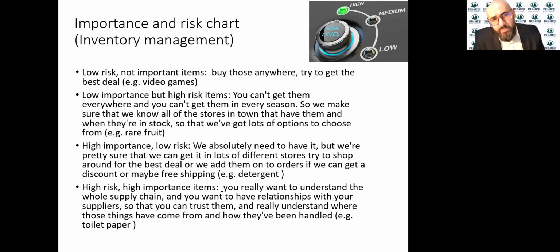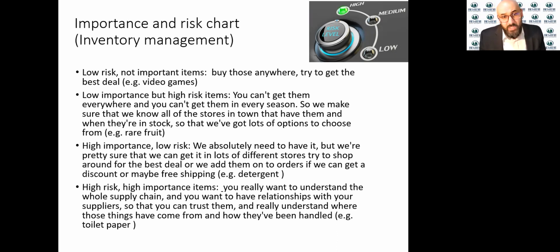The second category would be low importance but high risk items, where you cannot get them anywhere. You can't get them every season. So what you need to do is make sure that you know all the stores in town who get them, and understand when they get them in stock, so you could buy them when they have it, and then you have options to choose from.